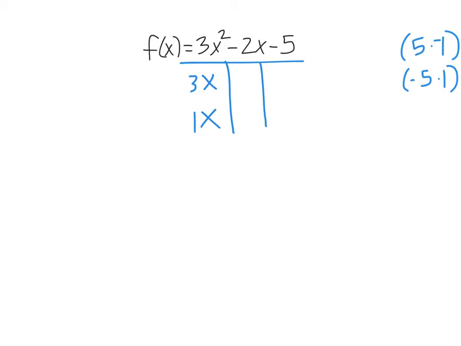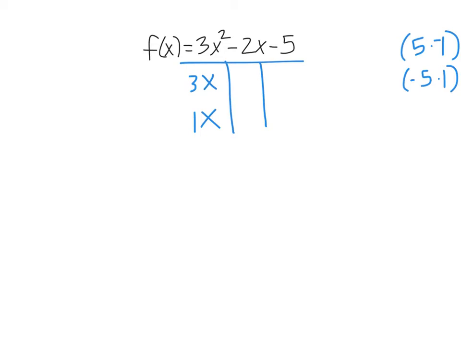When you cross multiply, now notice how still the same scenario, right? 5 times 3 is 15x, and negative 1 times 1x gives you negative 1x. Does this add up to negative 2? And it's no.